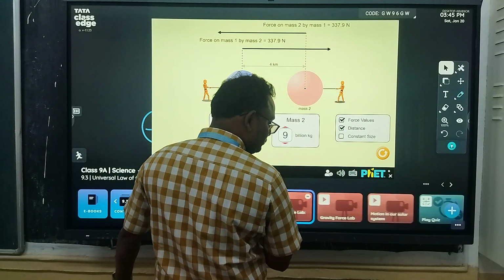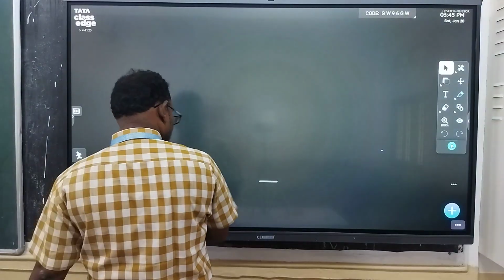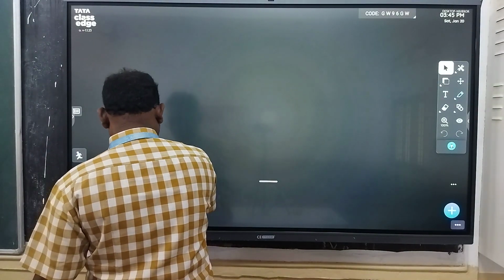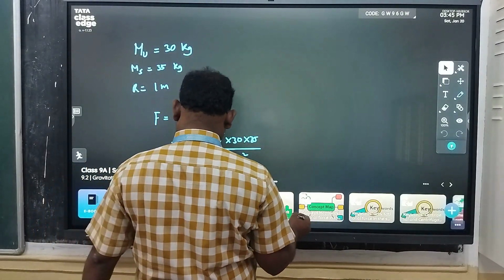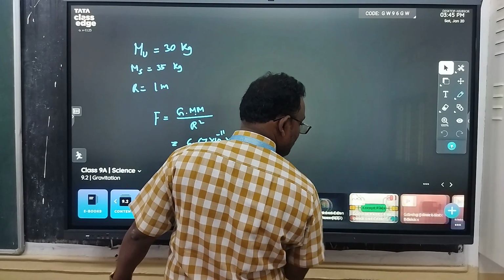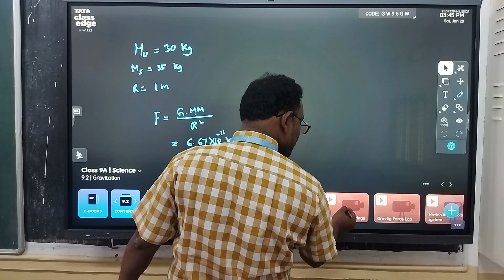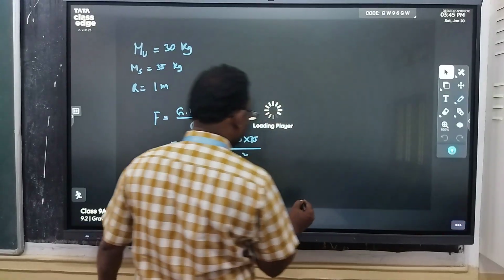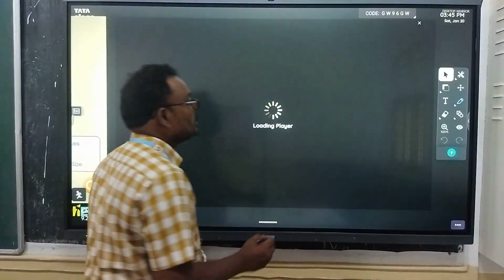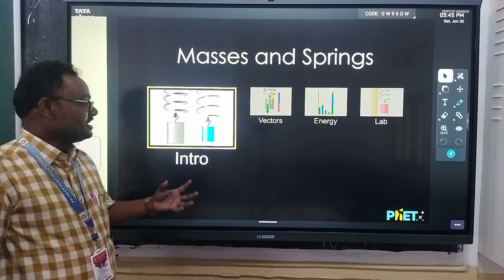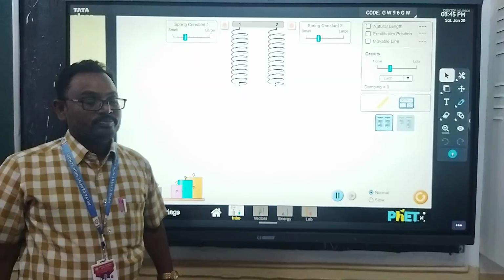Gravity and springs. Here there are two springs on the earth.